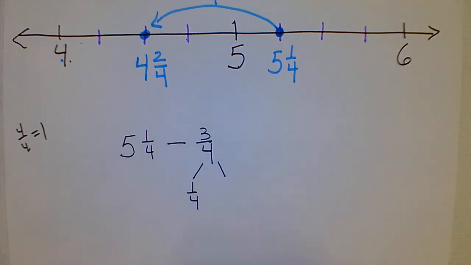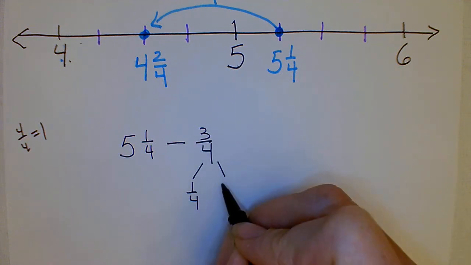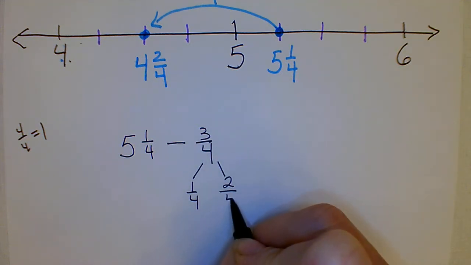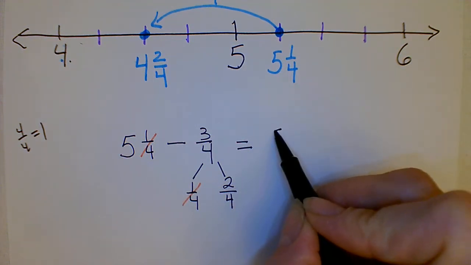So now those can both go bye-bye. And then when I have 3/4 and I put 1/4 there, I'm going to have 2/4 here. So what that leaves me with, remember, these two are subtracting each other. So it's 1/4 minus that 1/4, it's gone. So what that leaves me with is 5 minus the 2/4.